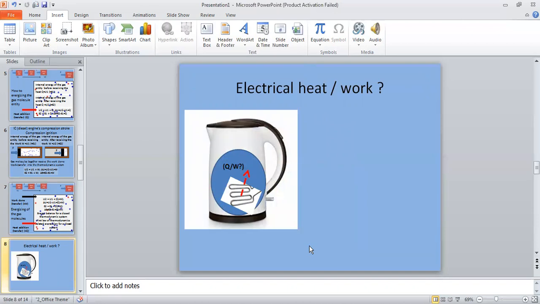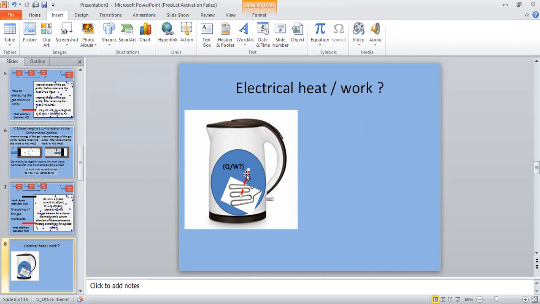It can be considered Q or can be considered W. Anyway, it's a kind of energy input.